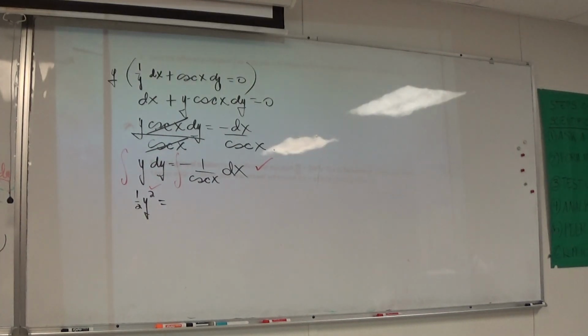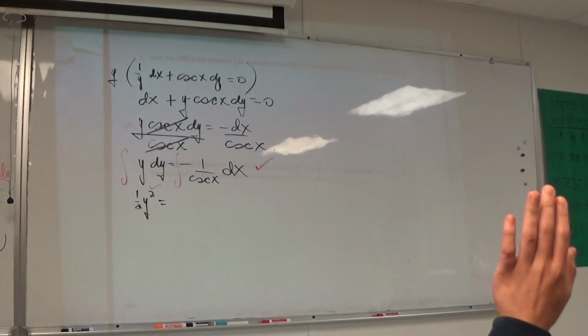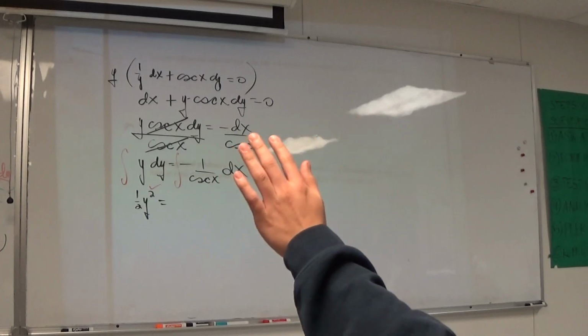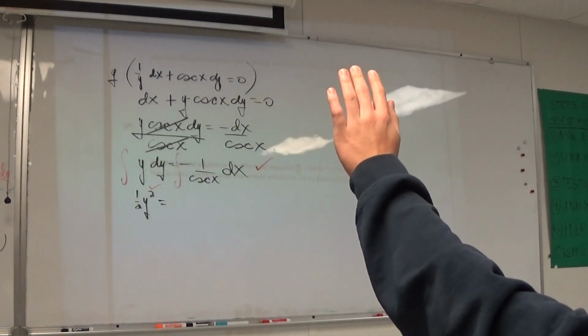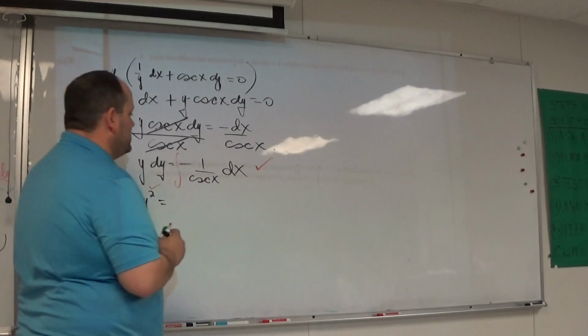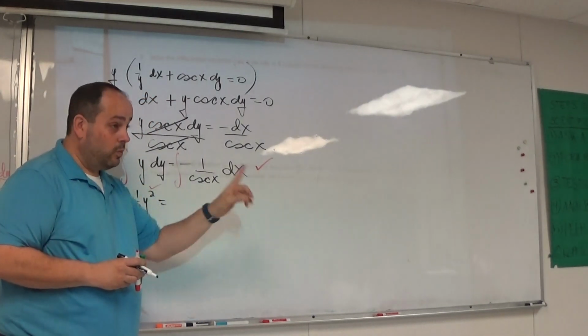Sad news, now you're left with integrating negative 1 over cosecant. And I don't know what that is. If only there was something smart I could do. Cosecant is 1 over sine.